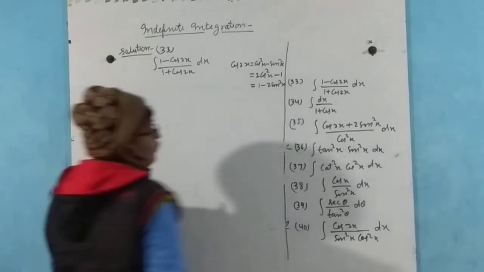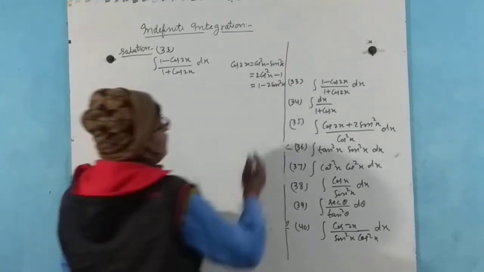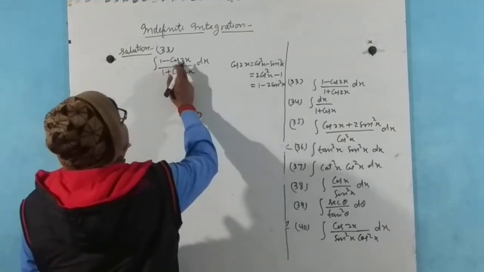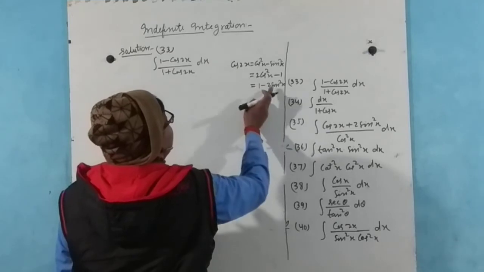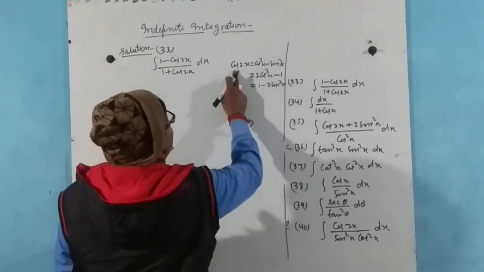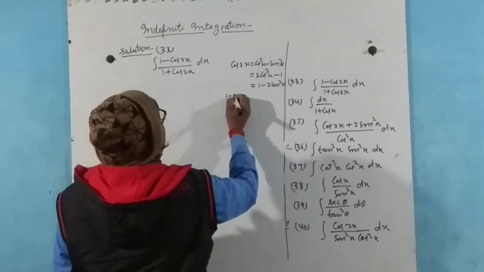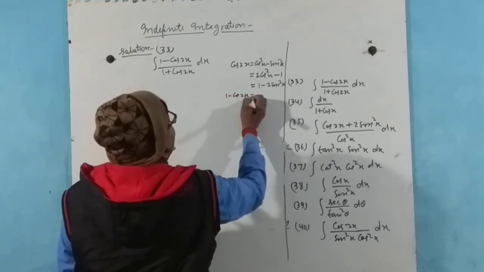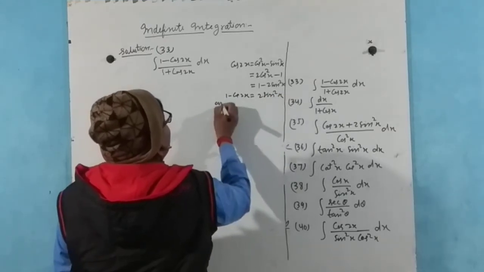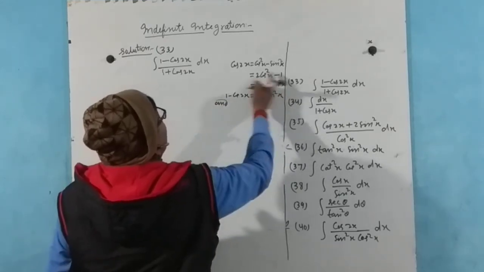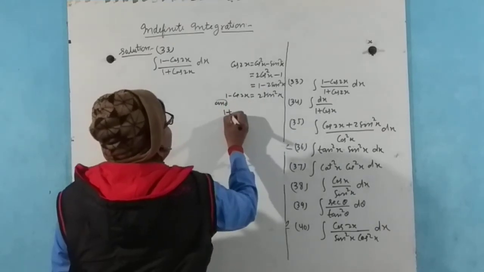So 1 minus cos 2x equals 2 sin square x, and 1 plus cos 2x equals 2 cos square x.